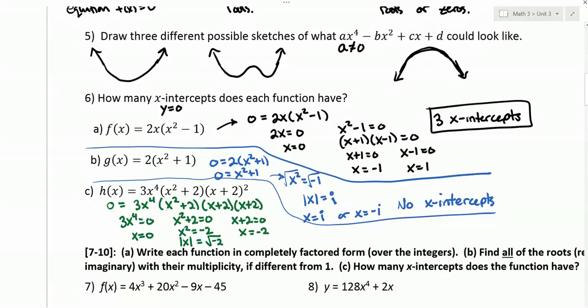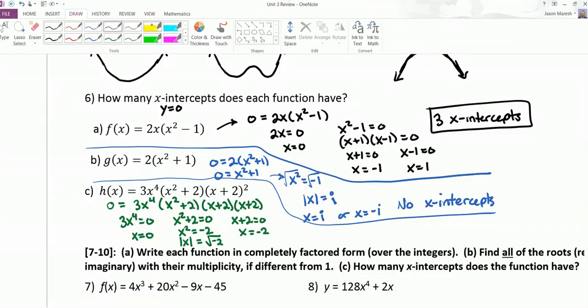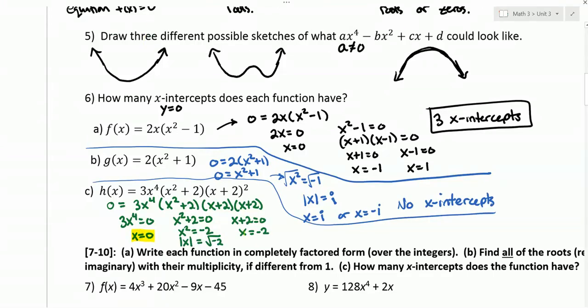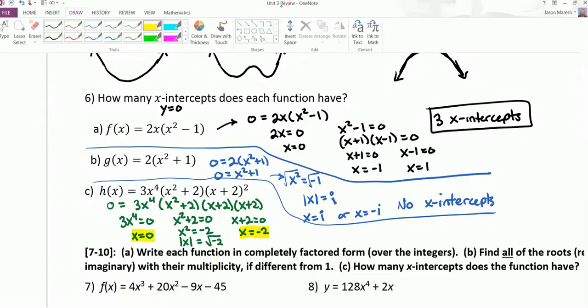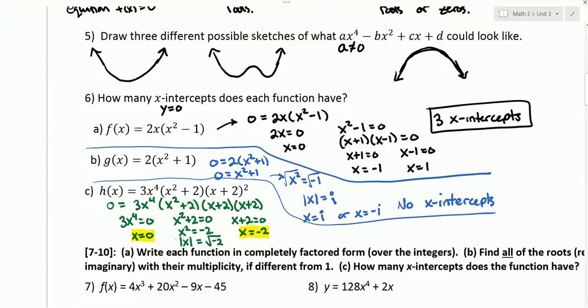So keep in mind though, so far we've got two different x-intercepts, x equals 0 and x equals -2. But they have multiplicities greater than 1. The first one, x equals 0, has a multiplicity equal to 4 because we had x to the 4th power, right? x to the 4th power is x times x times x times x.